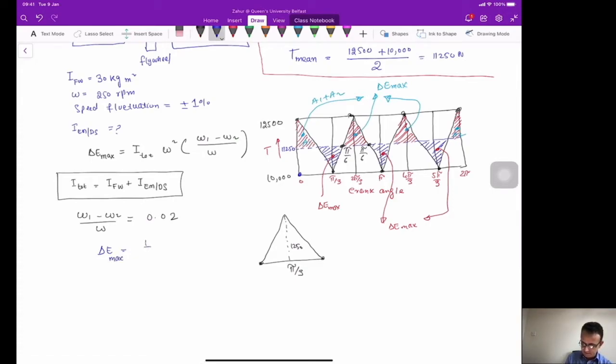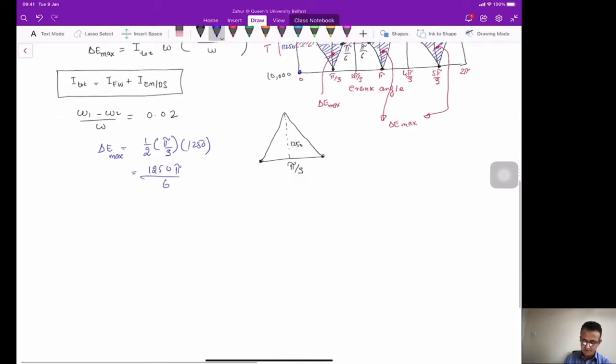So in this case, it's going to be half of pi by 3 and 1250. So from here you can calculate the area of this triangle, which will become 1250 pi by 6, if you want to keep it like this.